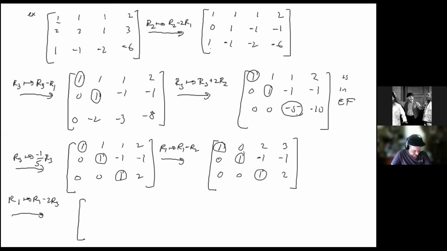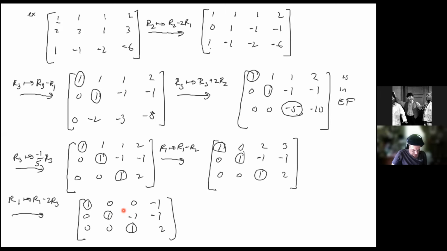So what do I get? I get 1, 0, 0, minus 1, 0, 1, minus 1, minus 1, 0, 0, 1, 2. We're nearly done. We're in the home stretch. I'm circling the pivot locations. I now have to just get rid of the entry which is labeled minus 1.